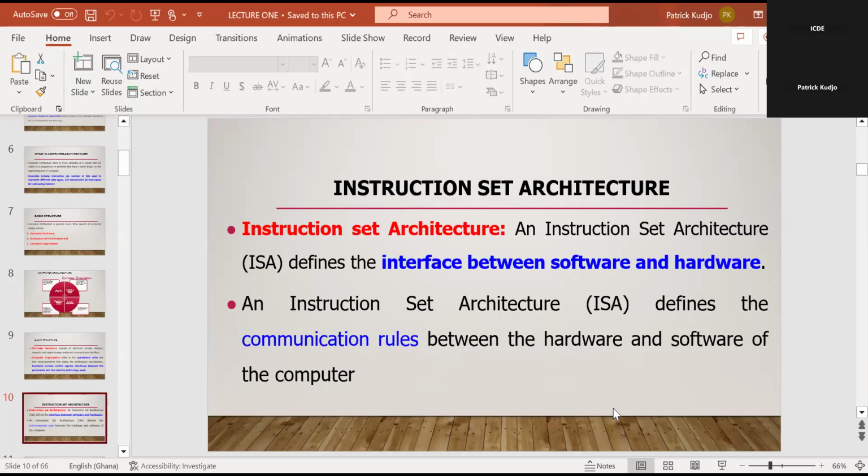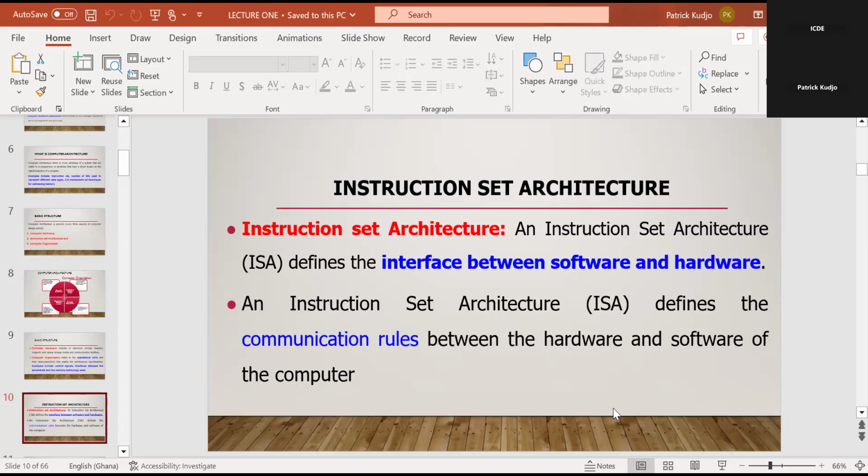And when we say interface, just look at the operating system. What are the interfaces of the operating system? We have two main types of interface: the command user interface, which is also known as the character user interface, and the graphical user interface.